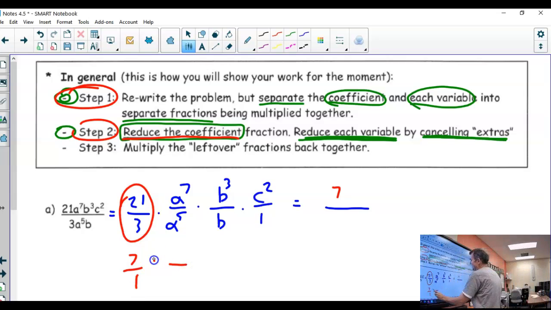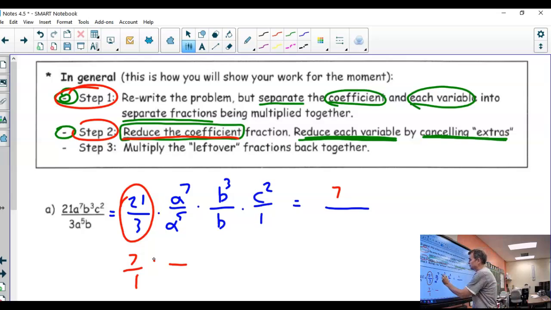How about the A's? I have 7 A's on top, and I have 5 A's on the bottom. So when I'm canceling out all the common A's on the top and bottom, where are there going to be leftover A's? Well, they're going to be on top, right?